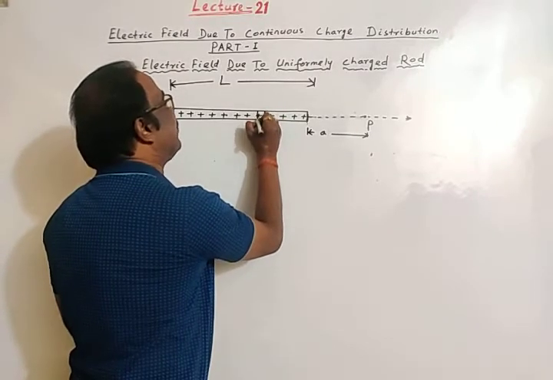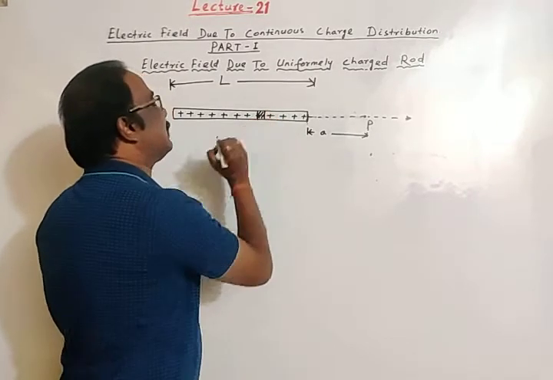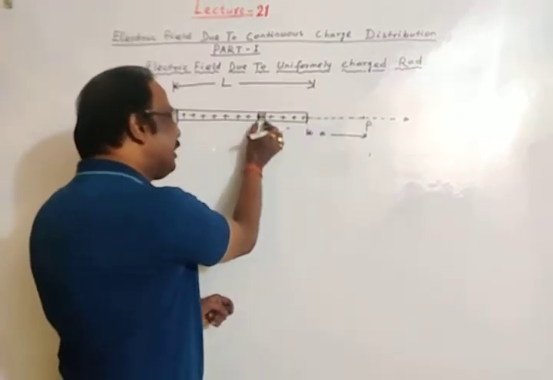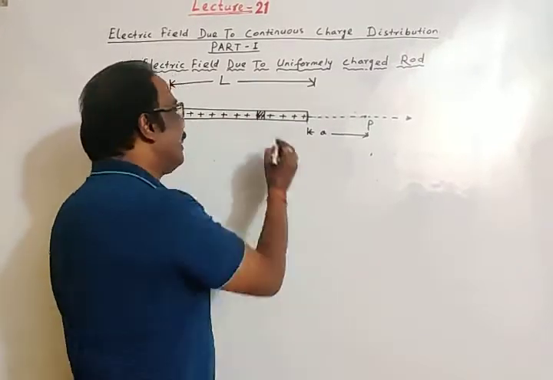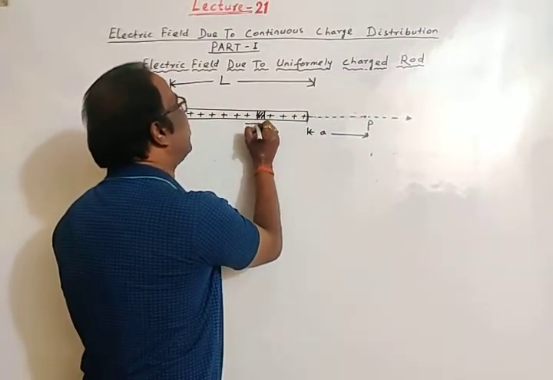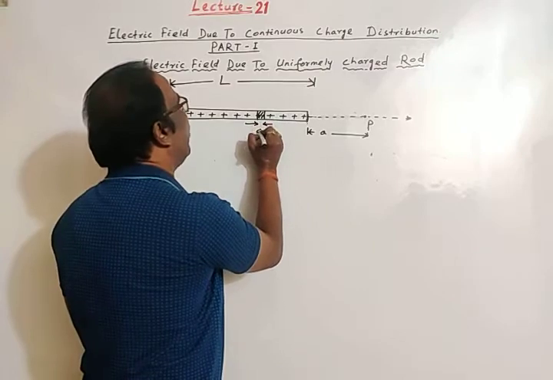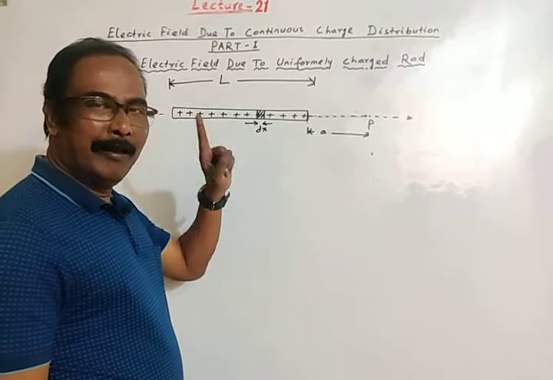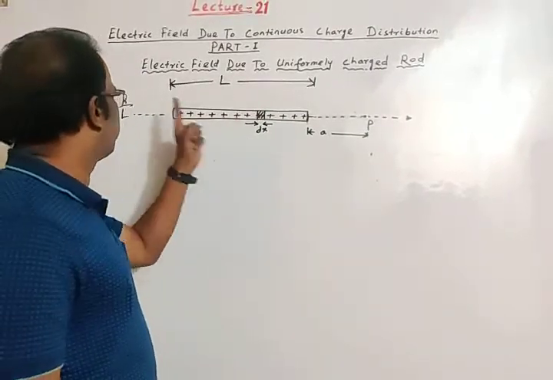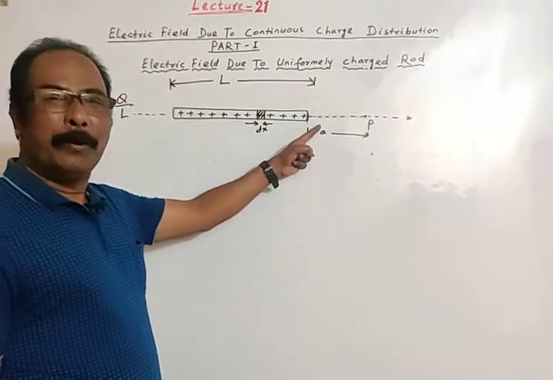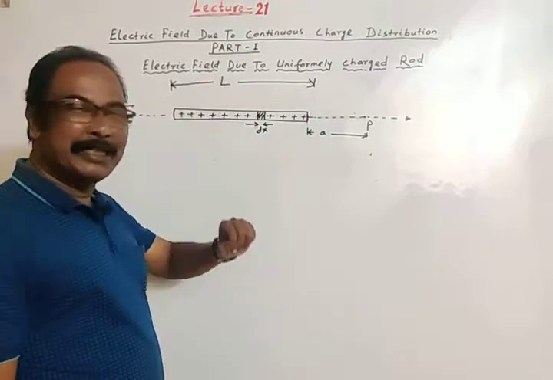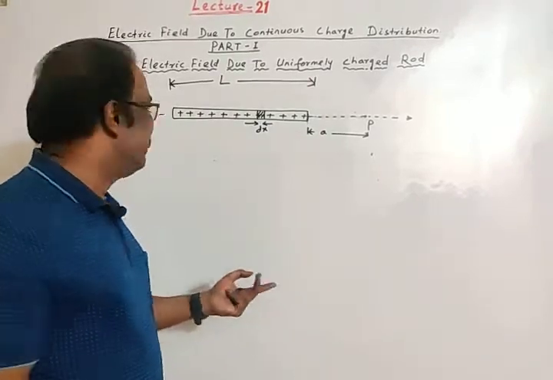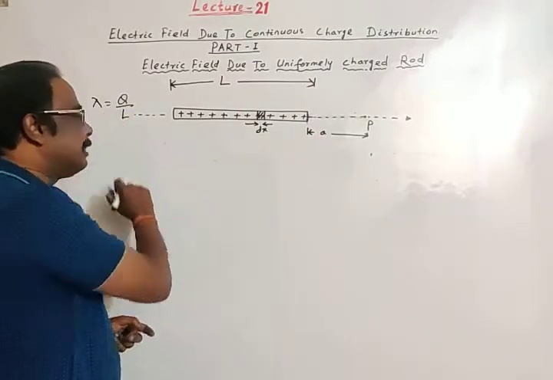Let's consider this is an elemental section of the rod. Total length is L. Let the length of this elemental section be dx. Total charge Q is distributed throughout the length L, so the uniform charge density is lambda.